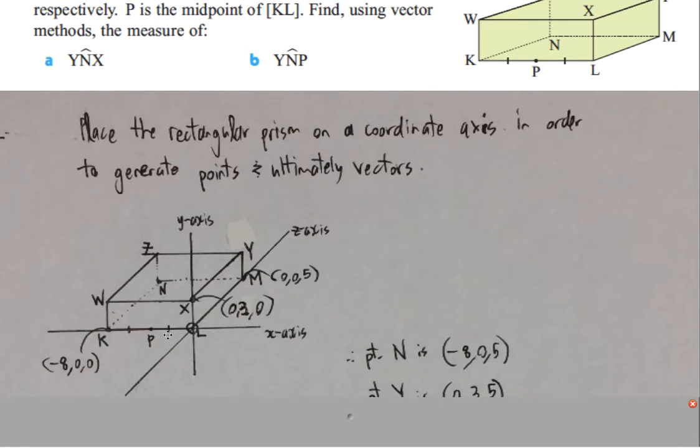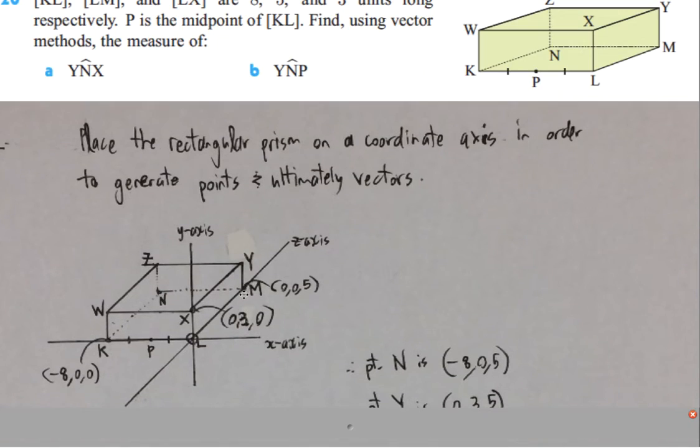So on the x-axis, this would be negative 8, 0, 0, because we know the magnitude of KL is 8 units. We also know that LM, we're given in the question, is 5 units, which means that on the z-axis that I've drawn here, our z component is 5, and the other two components will be 0, which is consistent with any point on any axis, whether it's 2-dimension or 3-dimension, that the other coordinates will be 0.